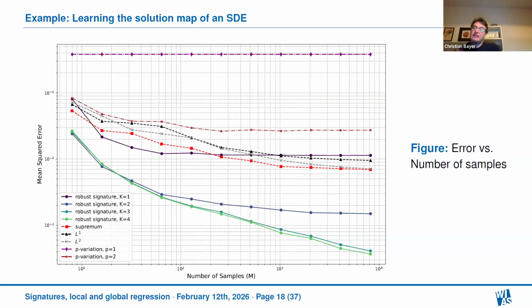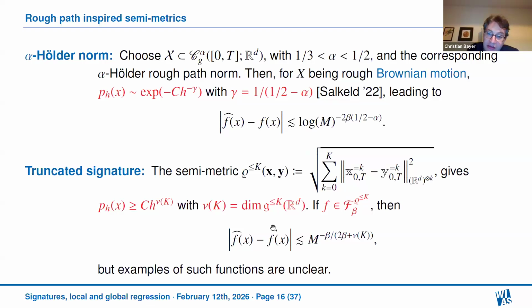And that one is expensive to compute, very hard to compute. So what this plot says is that the fast converging curves at the bottom correspond to the truncated signature metric.